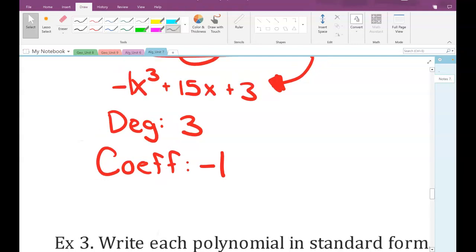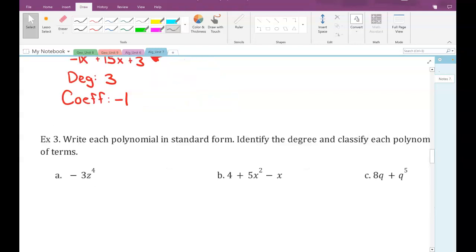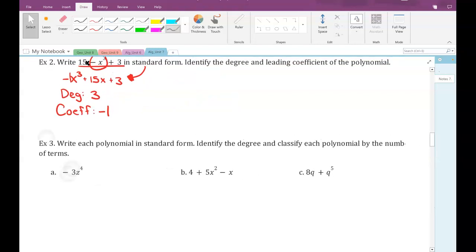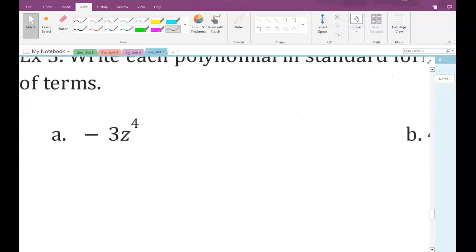All right. So let's do these last 3 examples. We're going to write them in standard form, identify the degree, and classify each polynomial by the number of terms. So this would be a degree 4 because we have z to the 4th.